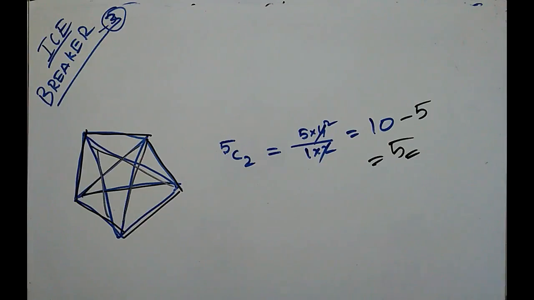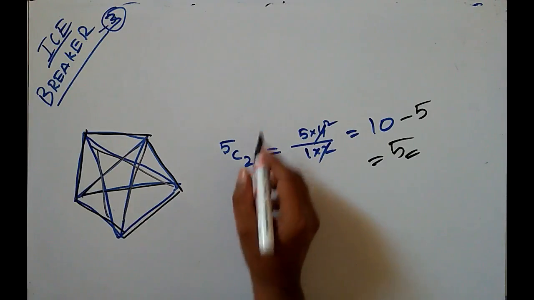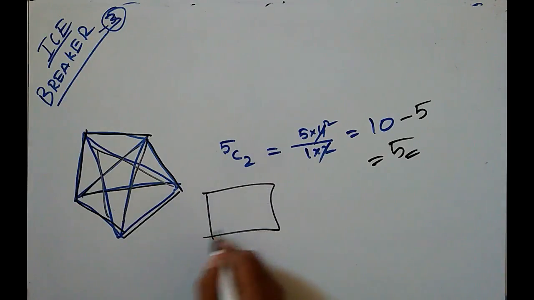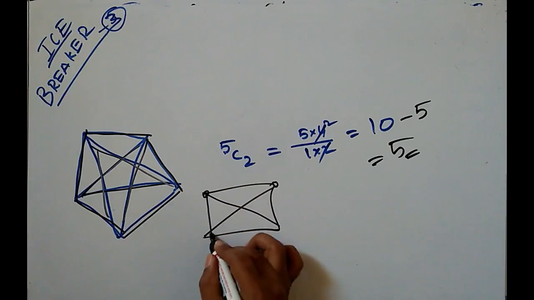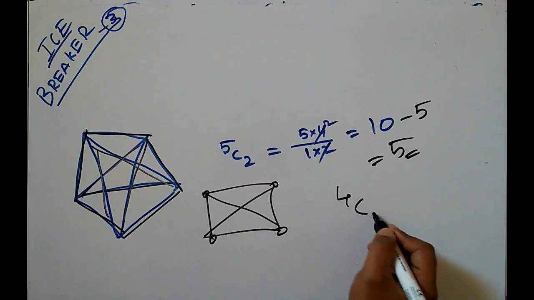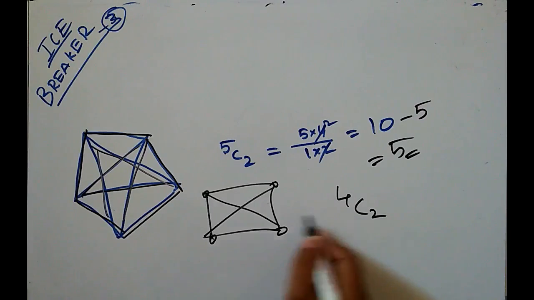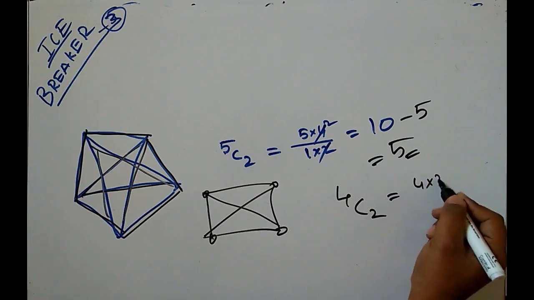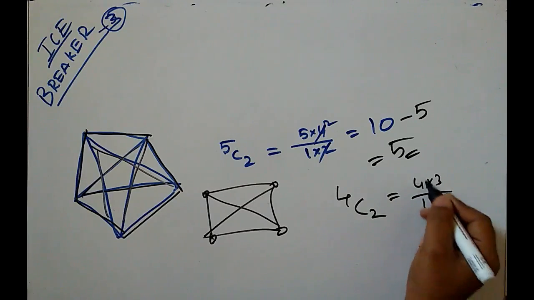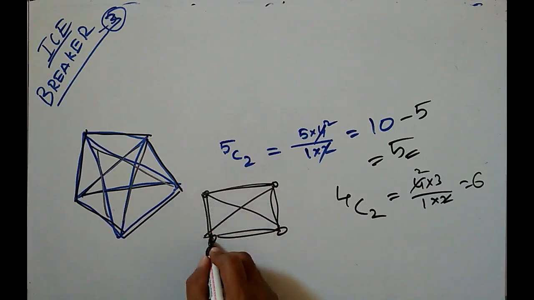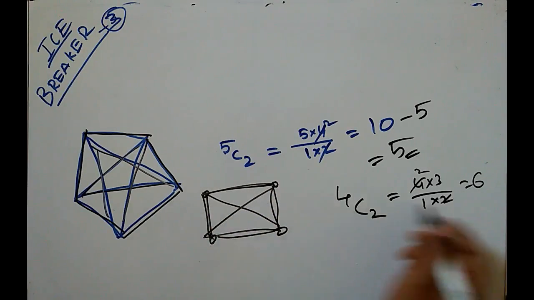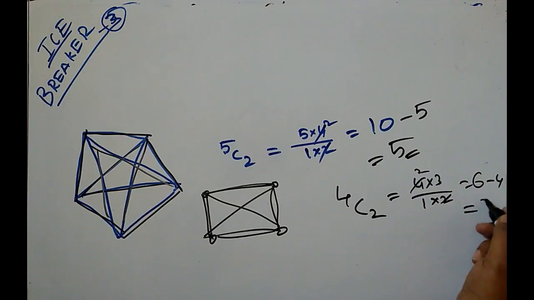And the remaining which I get, 5, are the diagonals. Friends, if we take a quadrilateral, there are 4 points, that is 4C2. The formula is 4 into 3 by 1 into 2. You will get 6 lines. If I remove these 4 sides from 6, what I am getting is the diagonals. Are you clear, friends?